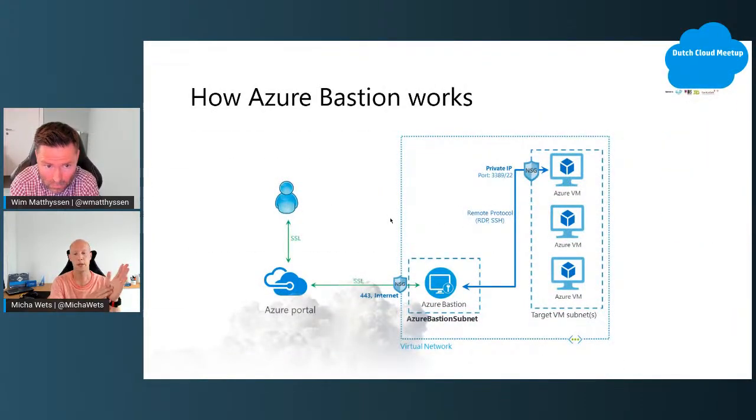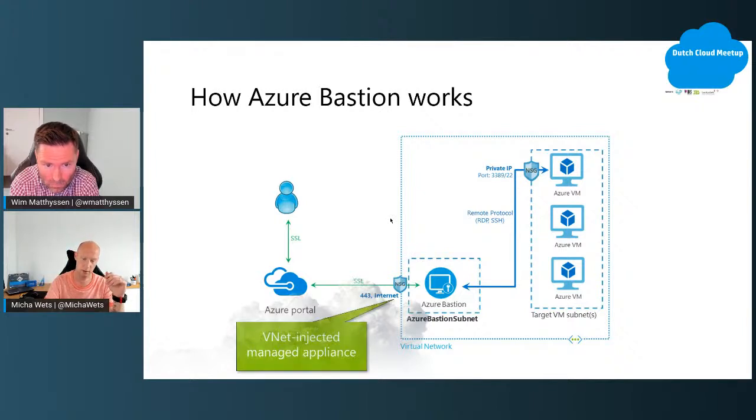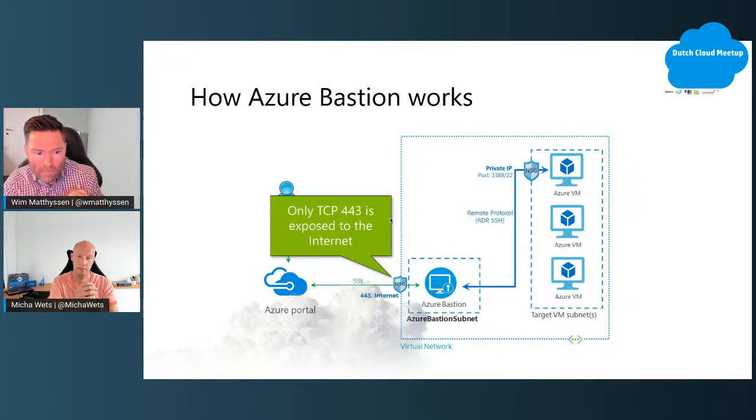How does it work? This is a simple representation of a VNet. As you can see, you deploy Azure Bastion within your VNet. So you have to create a subnet, but we will show you that as well. You create your subnet and deploy your Azure Bastion service within your VNet in your resource group. Only 443 needs to be exposed to the internet.